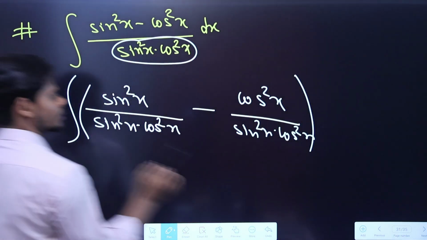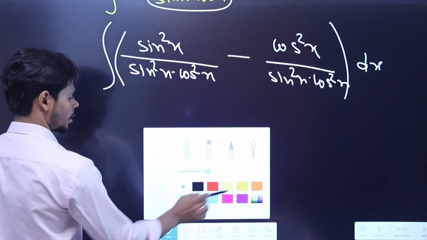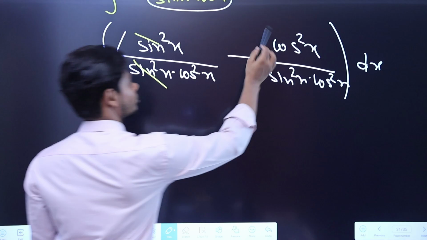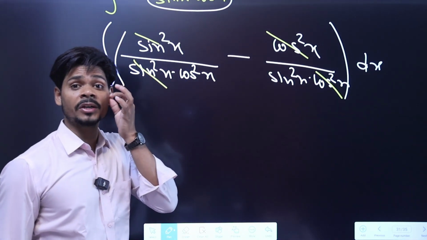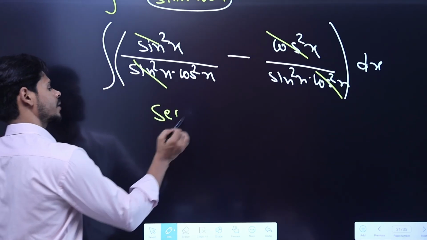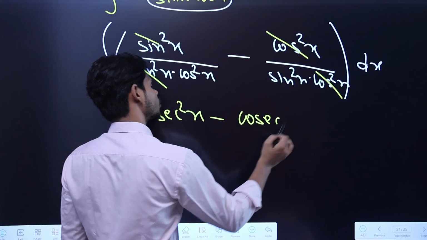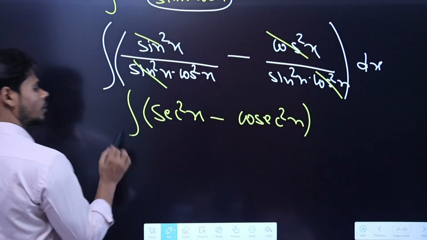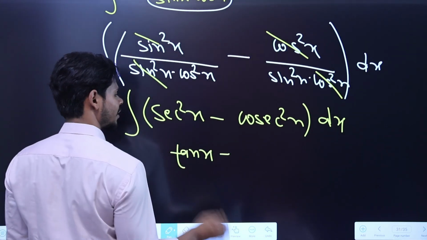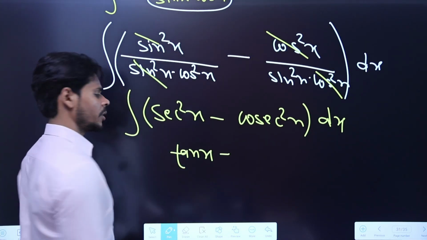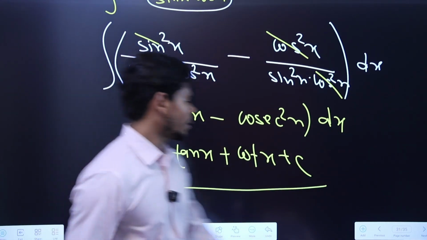Now what you can do is cancel the things which are getting cancelled out, and those are here sine square x and here cos square x. So we are left with 1 by cos square x, which is nothing but sec square x, right? Secant square x. Then here we are left with 1 by sine square x, which is nothing but cosec square x. Now we can easily find the integral of these two functions, right? Secant square x is nothing but tan x, then minus as it is. Cosecant square x is minus cot x, so it will become plus cot x, then plus c, right?